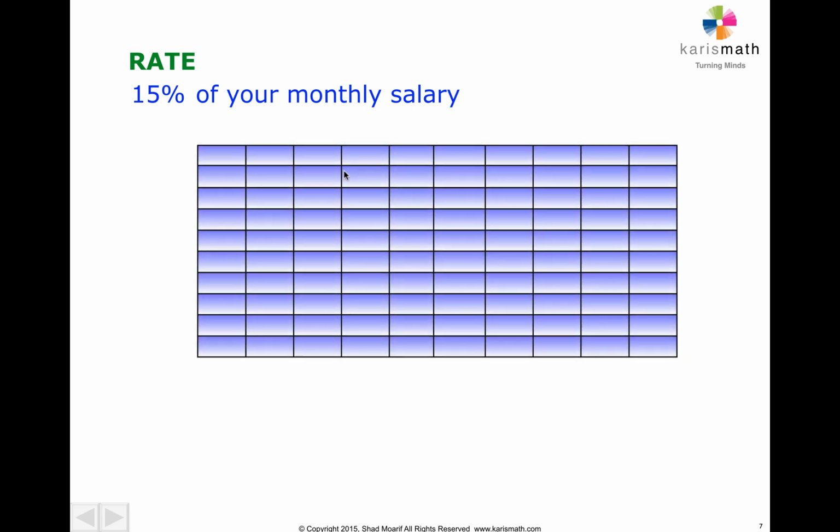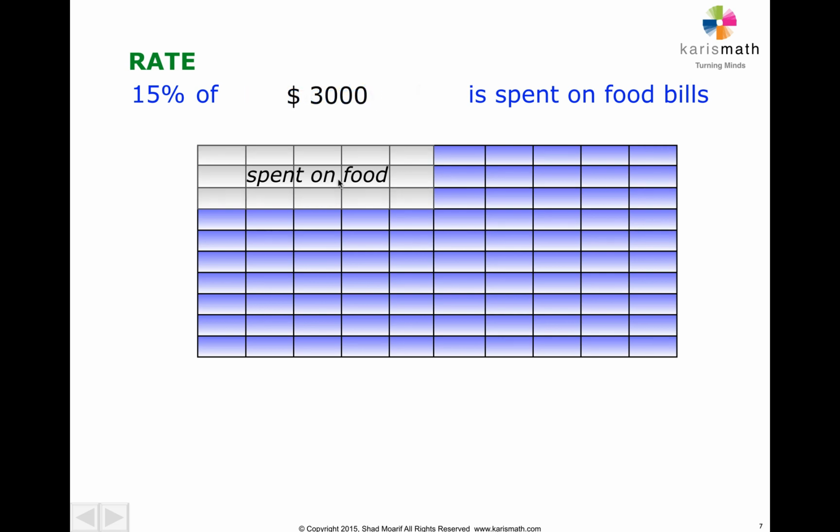So if the rate is 15%, suppose, of your monthly salary, 15% of your monthly salary is spent on food bills. So that's 100 parts. Your salary has been broken up into 100 equal parts, and 15 of them go towards food. But that's the rate at which you're spending your money on food.